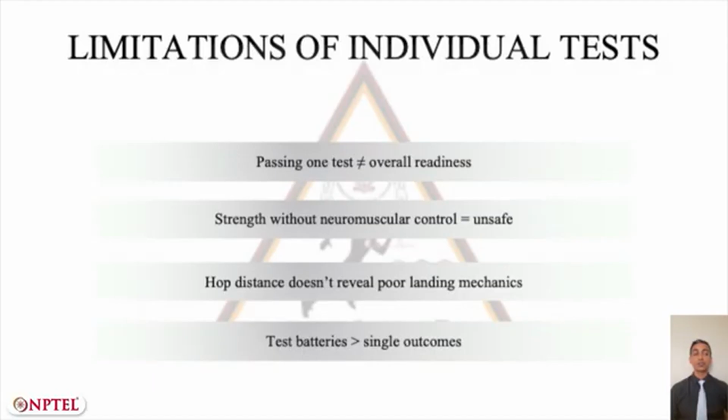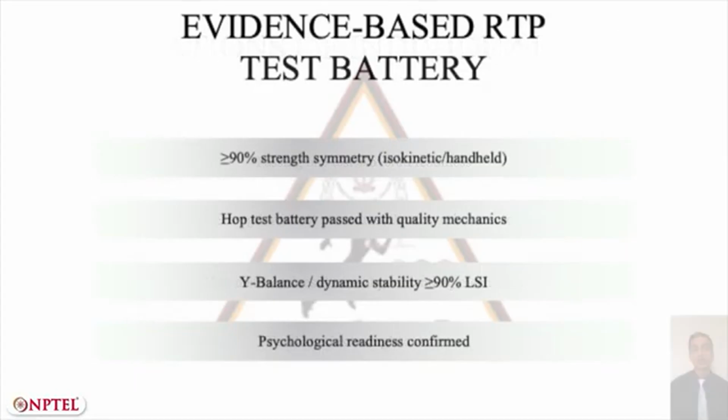Evidence strongly supports use of a battery of tests across multiple domains rather than relying on one single test alone. The most widely accepted test battery includes: 1. More than 90% strength symmetry by isokinetic dynamometer or handheld dynamometer.